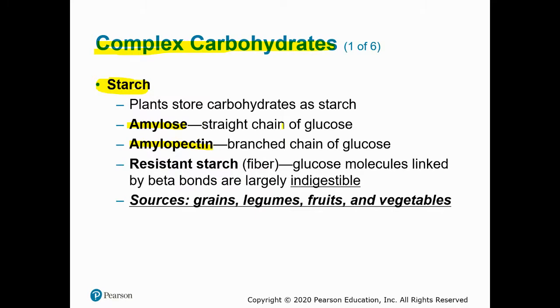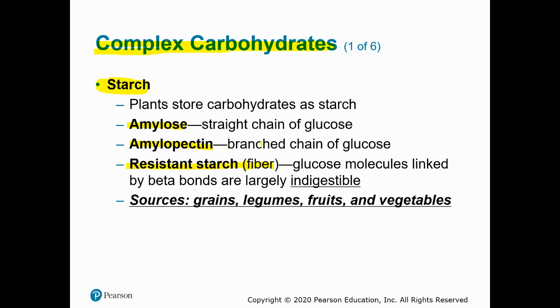Amylose is a little straighter, amylopectin a little more branchy. And then there's a third type of starch, which sometimes has its own category, but it's on this page, so we'll put it here. The third type of starch is called resistant starch, which honestly acts a bit more like fiber, which is why fiber is in parentheses here.